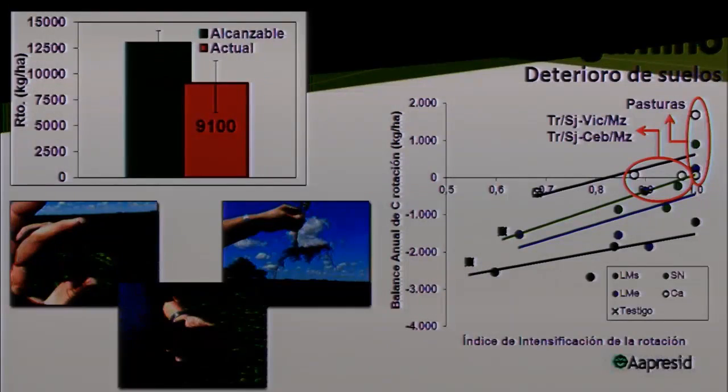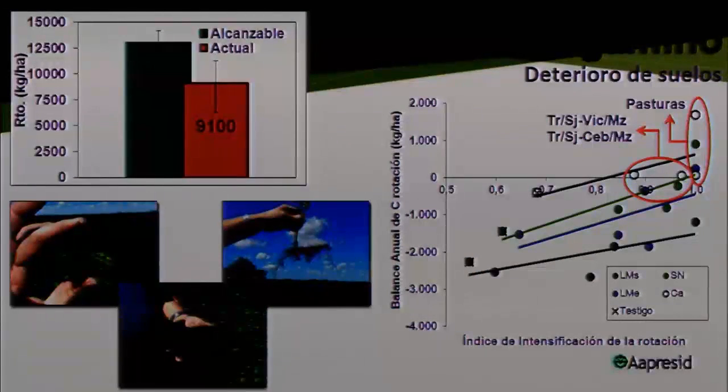In Chacra Pergamino, average yields between growing years are about 13,000 kilograms, and in certain areas, average is 9,100. The main concern here is that soils are becoming poorer and poorer.